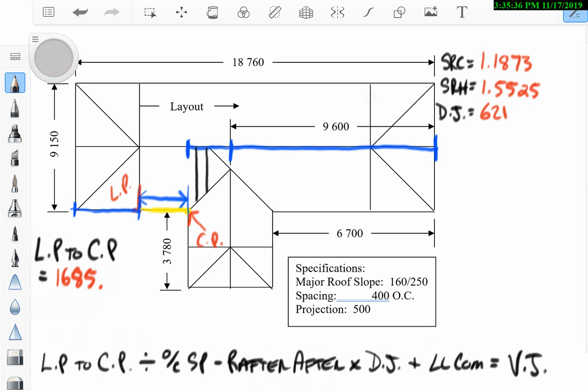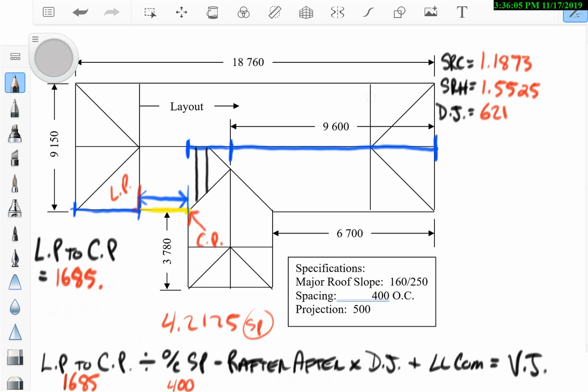We'll write the numbers down here: 1685. We divide that by our on-center spacing of 400. Now that gives us, by my calculator, 4.2125. That gives us spaces. So that's how many spaces we have.